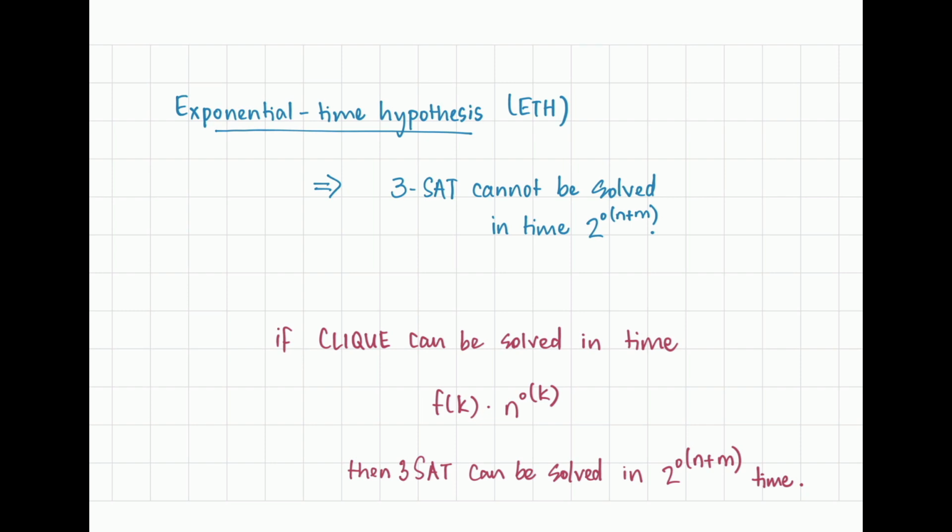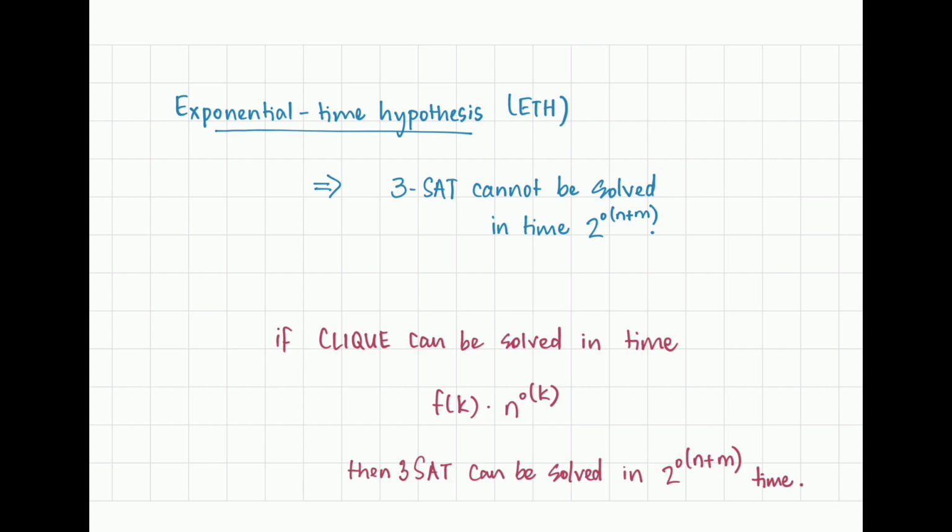Notice that this is clearly a stronger assumption than just saying that 3SAT does not have a polynomial time algorithm. What this is saying is, forget polynomial time, even if I give you much more generous resources, you will still not be able to solve 3SAT.